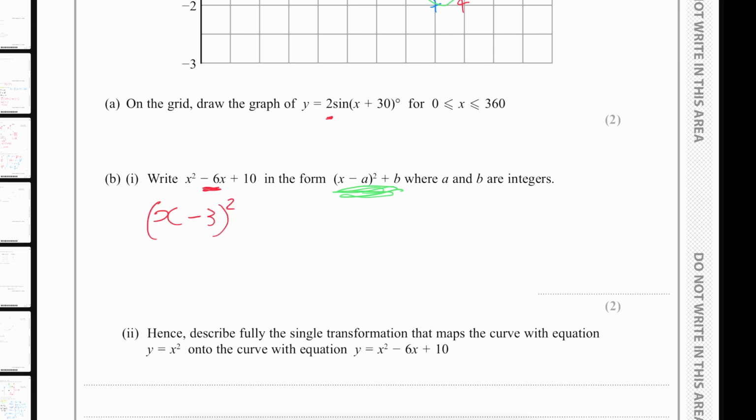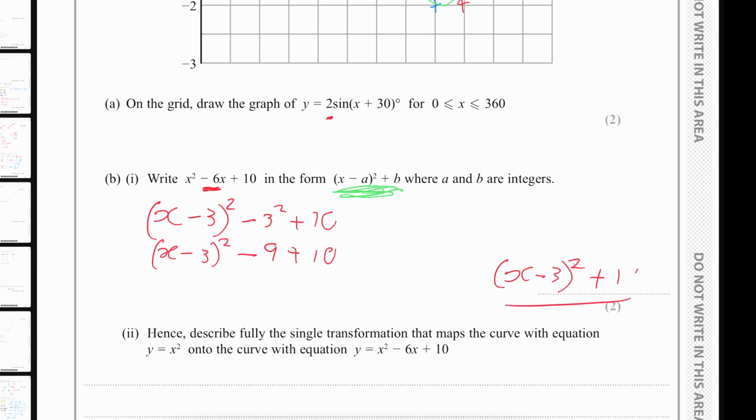And then we're going to say square it, so 3 squared, and take it away, plus 10. So we get (x minus 3) squared minus 9 plus 10. So we get (x minus 3) squared plus 1. And that is done. Great.